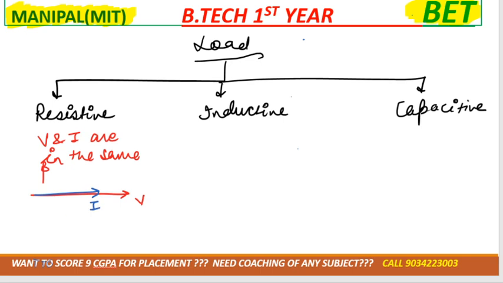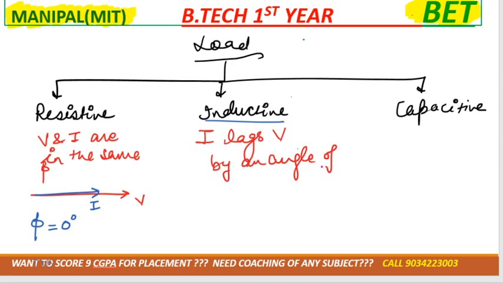So the angle between the voltage and current is 0 degree. And in case of inductive, current always lags voltage by an angle of 90 degree. It is fixed for every case. If voltage is on the x-axis, current is lagging, meaning it would be on the downward position, that is 90 degree.